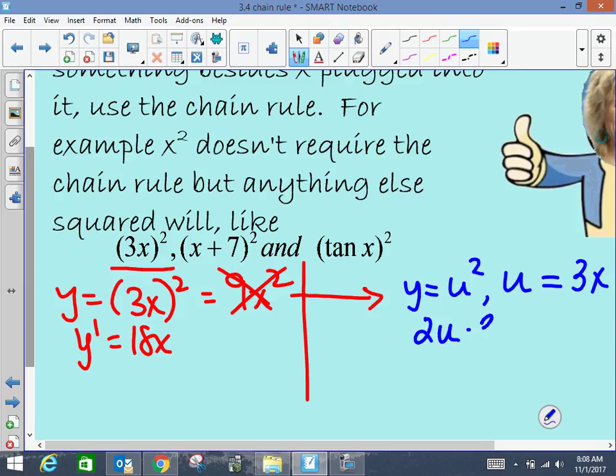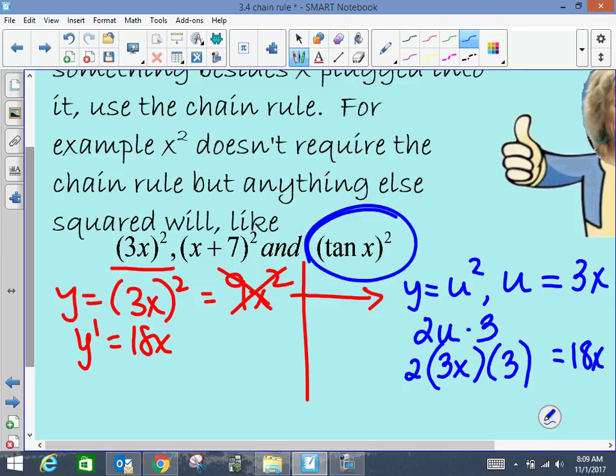The derivative of 3x is 3. Put your u back in. That was way more complex than doing it the old way. If this was like 19, maybe you'd want to consider doing the chain rule instead of multiplying 3x by itself 19 times.